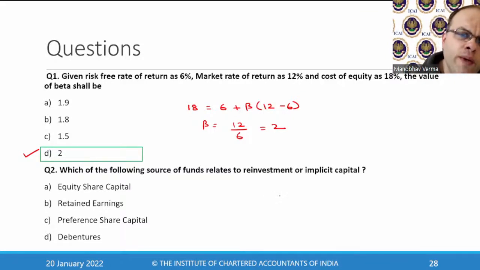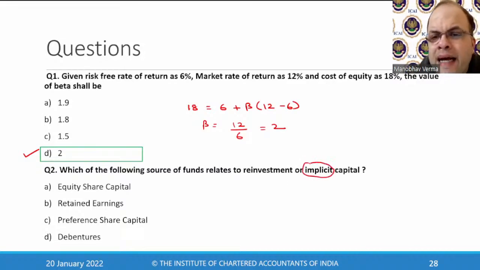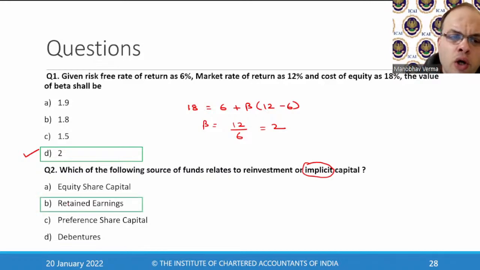Which of the following sources of funds relate to reinvestment or implicit capital? I think the important word here is implicit capital. It's an implied capital, right? You're reinvesting within the business. And I guess you guys are absolutely spot on when you are saying option B here. Good job, guys. I think a unanimous answer received for both the questions. That's amazing.